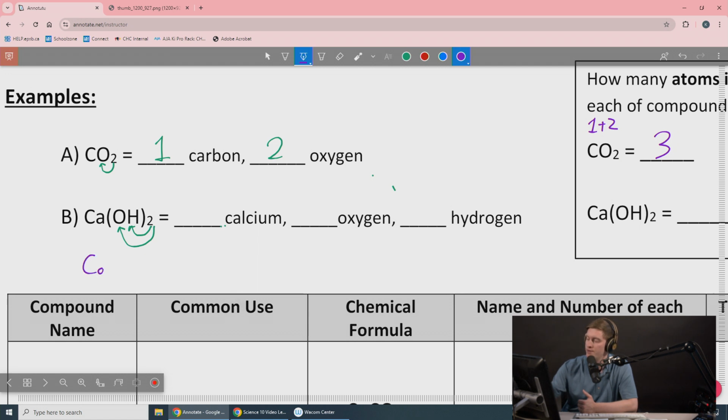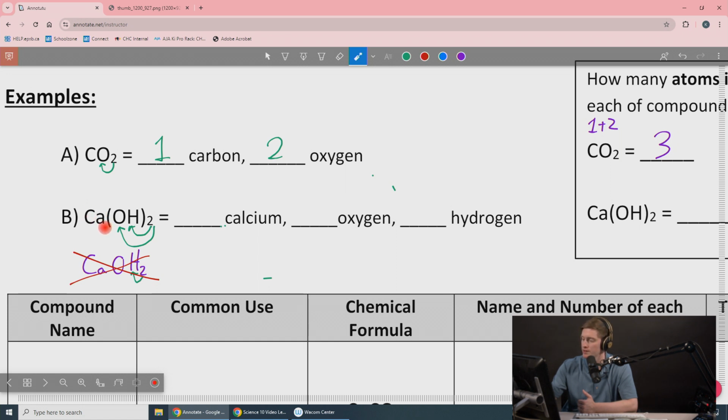It would be different if it was calcium, oxygen, and just a 2 after the hydrogen. If there were no brackets, then this 2 would only apply to the hydrogen. But this is not the case, and that's not correct anyways.